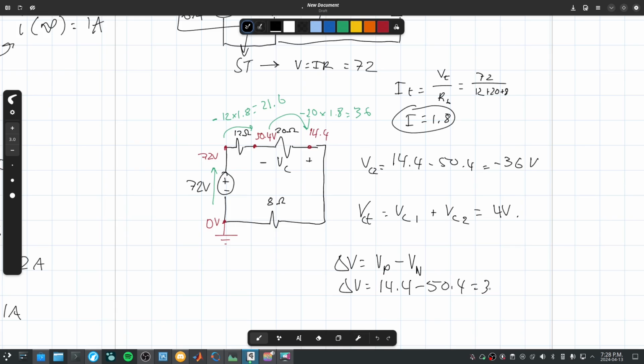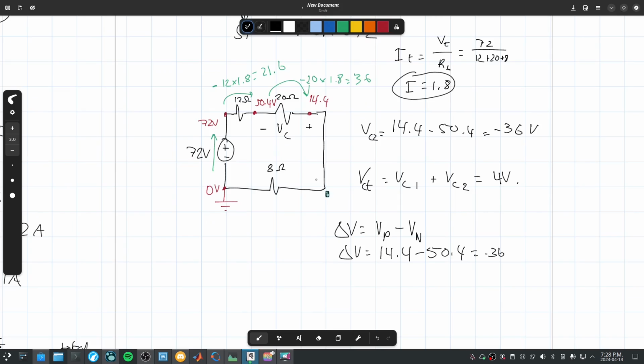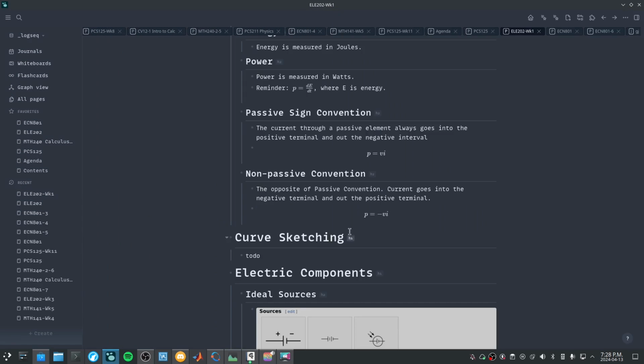That's negative 36. This is not passive mode. I forgot what the name is. I wrote it down. But yeah, you need to keep in mind these terminal signs because you can and will get messed up on those. Non-passive convention: you basically just flip the sign. That's it.